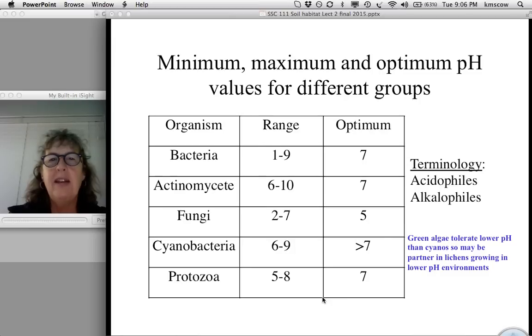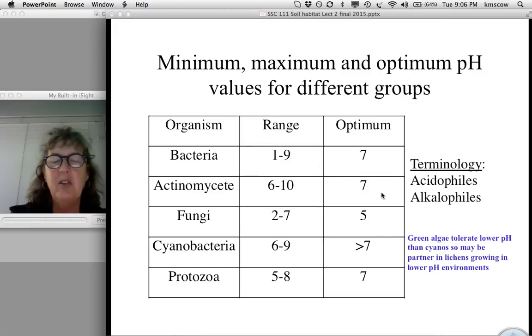So if you look at the relationship of different groups of organisms and what range in pH they tolerate and their optimum pH, there are some patterns here.